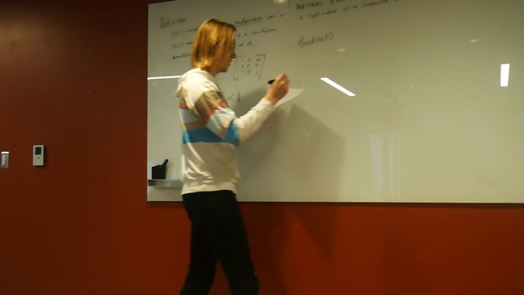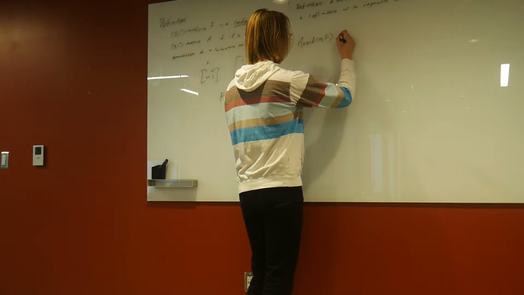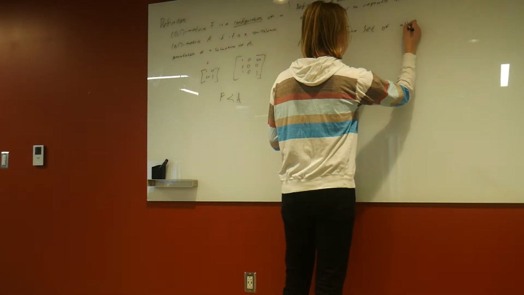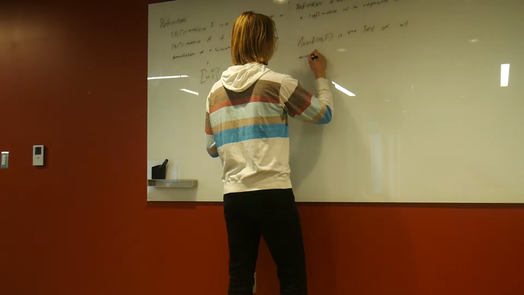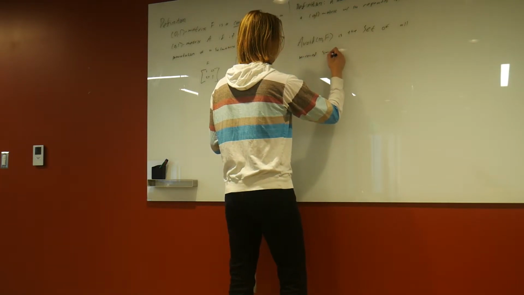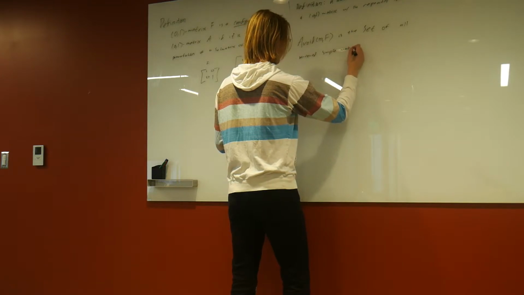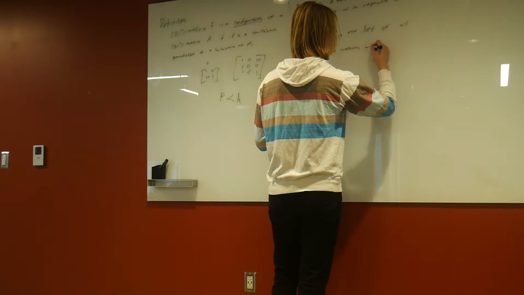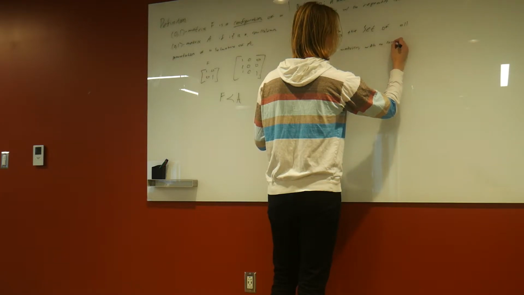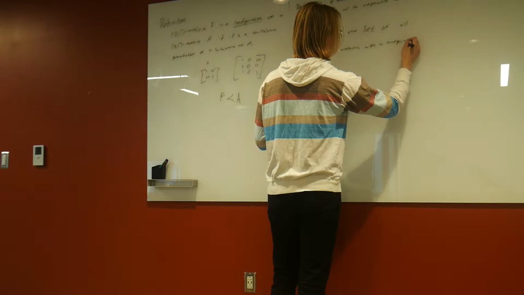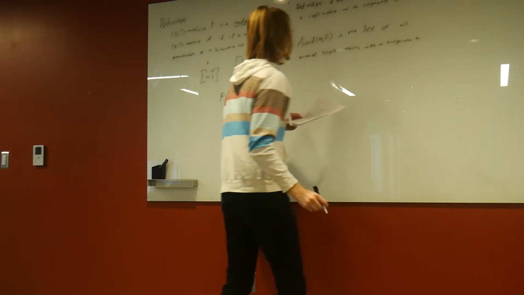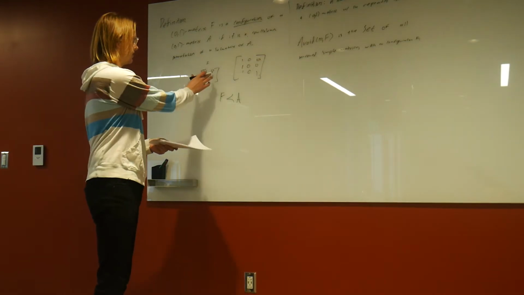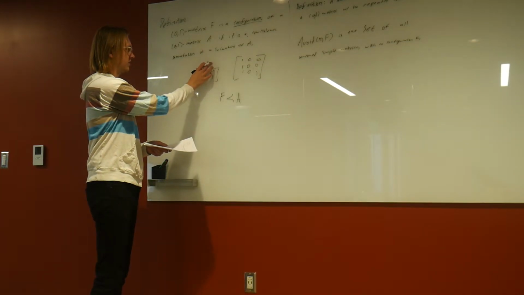Okay, so we introduce this Avoid(m, F), which is really just a fancy set. This is the set of all m-rowed simple matrices with no configuration F. In some sense, some matrix is in Avoid(m, F) if it avoids this configuration.